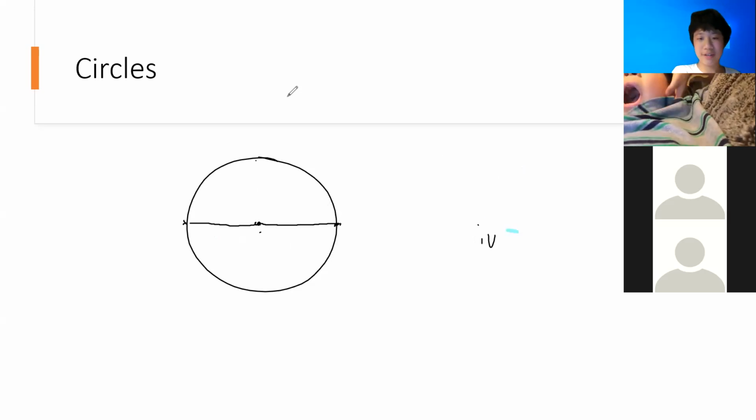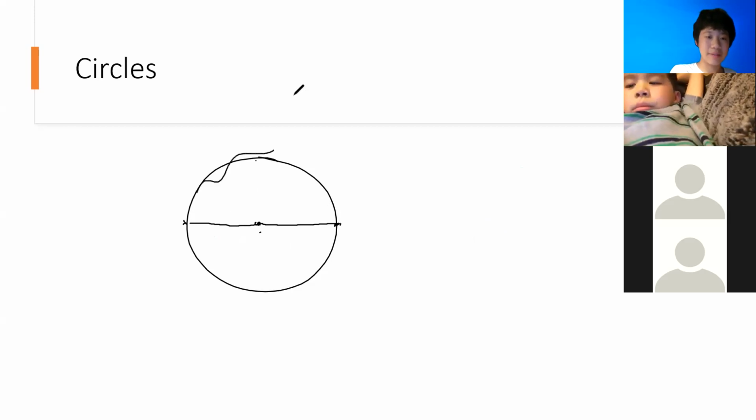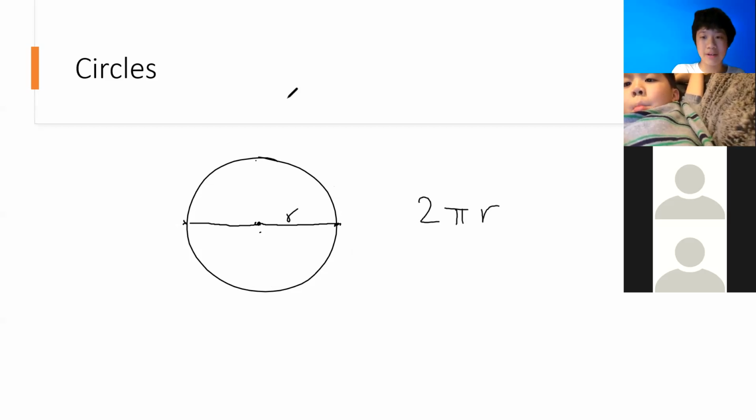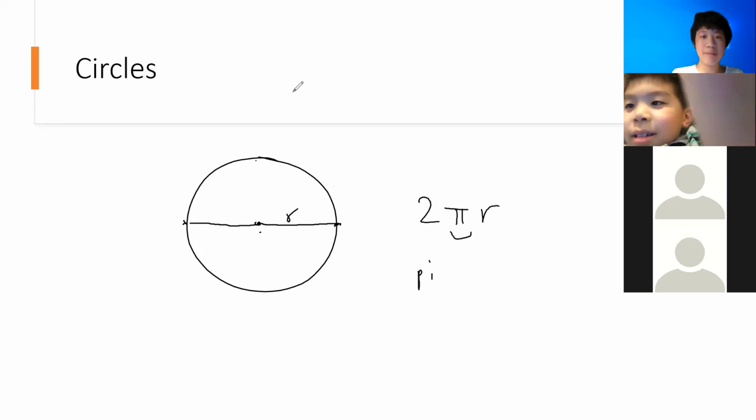Well, the perimeter of anything is going to be the length of this path around it, right? And the perimeter of a circle is given by 2 pi r. R is the radius, and 2 is 2. But what is this thing? This thing is what we call pi. Pi is a number that we use a lot in math.